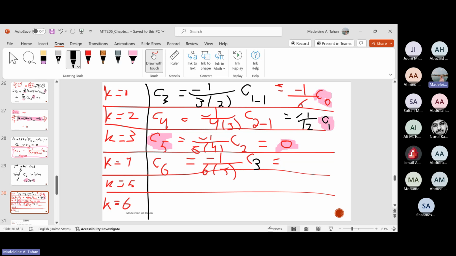So minus 1 over 6 times 5 times minus 1 over 6 c0, which is 6 times 6 times 5, we will get 180. Is it accepted? Yes, because it's in terms of c0. Now can all of us find k equal 5?